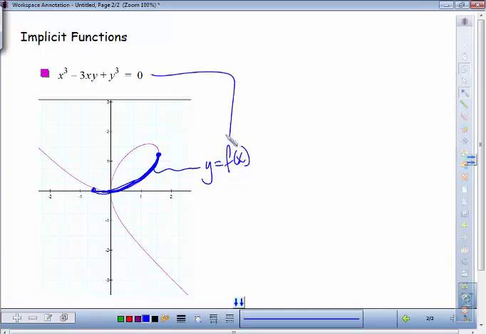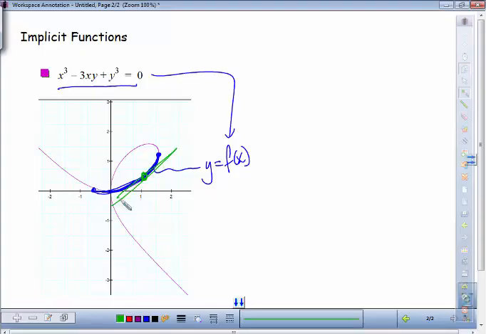If we were somehow able to solve for y, we'd get a piece of the graph. And so implicit functions look at relations between variables x and y, and then ask you to find derivatives of these things, so that we can find the rate of change at this point, or the slope of the tangent line.